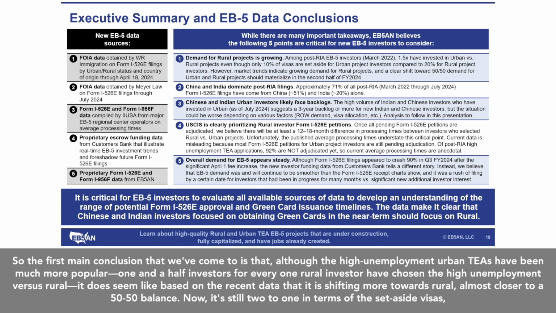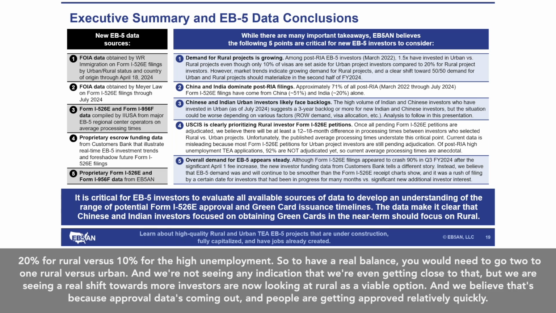Now, it's still 2-to-1 in terms of the set-aside visas, 20% for rural versus 10% for the high unemployment. So to have a real balance, you would need to go 2-to-1 rural versus urban, and we're not seeing any indication that we're even getting close to that. But we are seeing a real shift towards more investors are now looking at rural as a viable option, and we believe that's because approval data is coming out and people are getting approved relatively quickly.